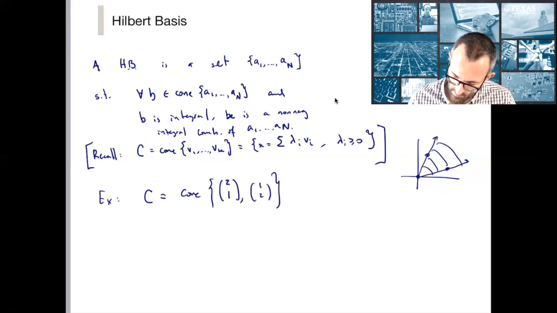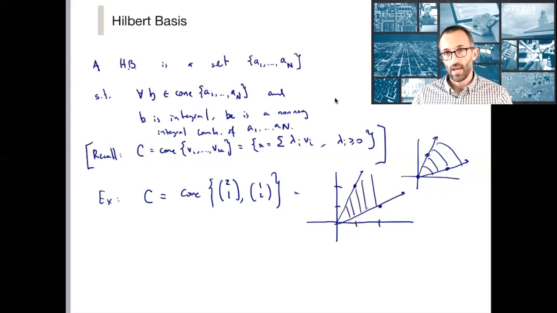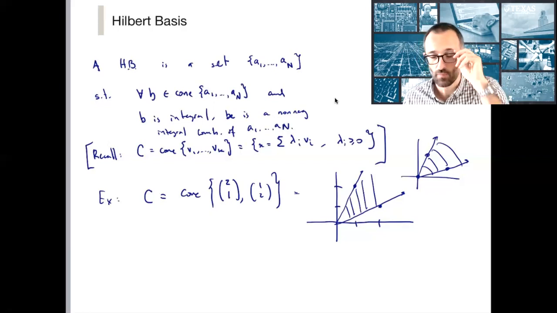Let me draw this a little more carefully. The vector 2, 1 is here. The vector 1, 2 is here, and therefore C is everything here. And it's saying that the vectors 2, 1 and 1, 2 form a Hilbert basis if for any integral vector in this cone I can express it as an integral combination of 2, 1 and 1, 2.